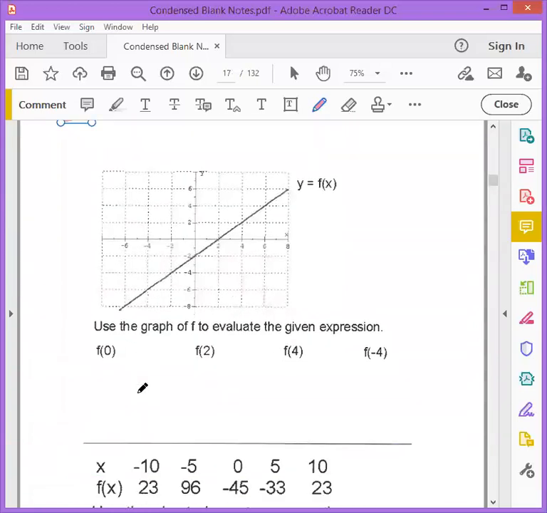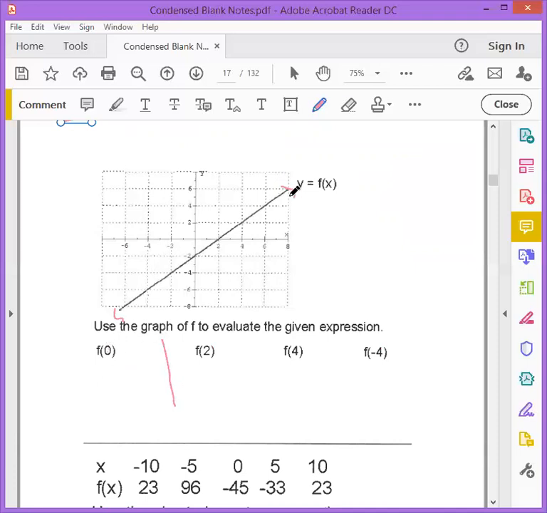In the next example, we're asked to use the graph. So we're given a graph and we want to use that graph to evaluate each of these expressions: f of 0, f of 2, f of 4, and f of negative 4. We're looking for the value of the function when x is 0.